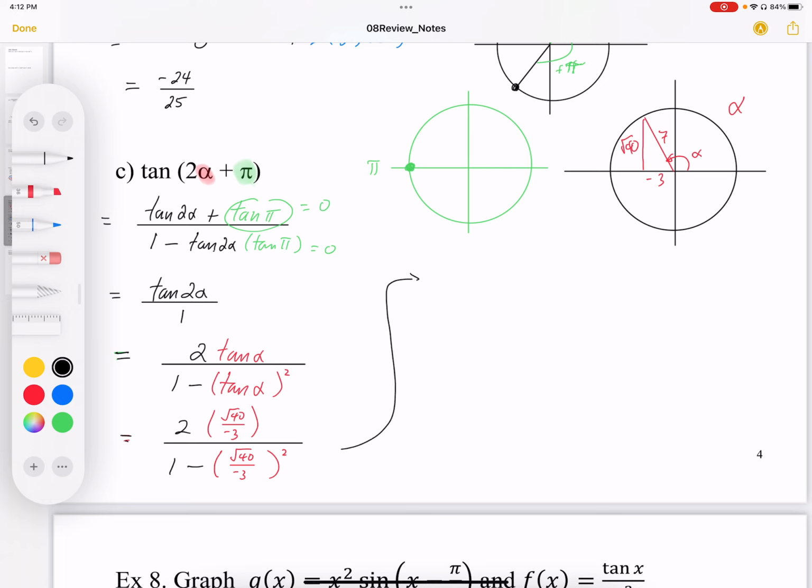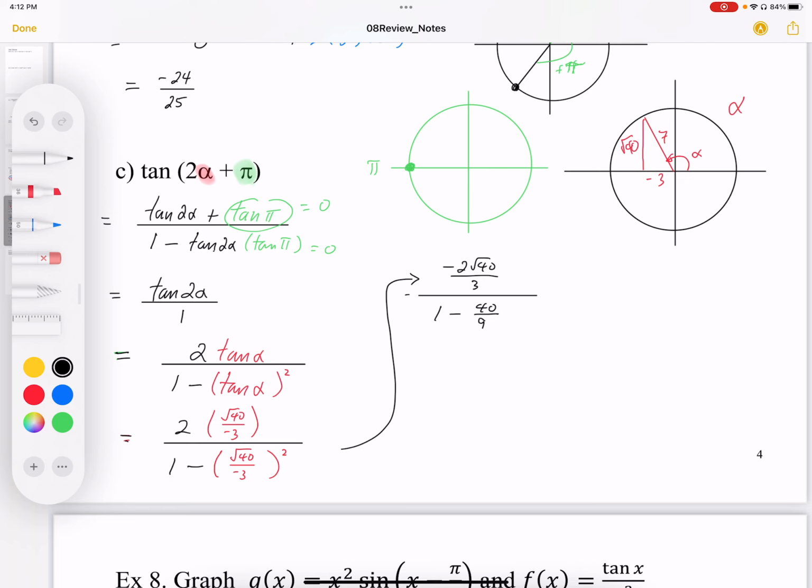So taking that expression, I'm going to end up with 2 root 40 and put the negative on top over 3. That's my numerator. In my denominator, I'm going to end up with 1 minus 40 over 9.